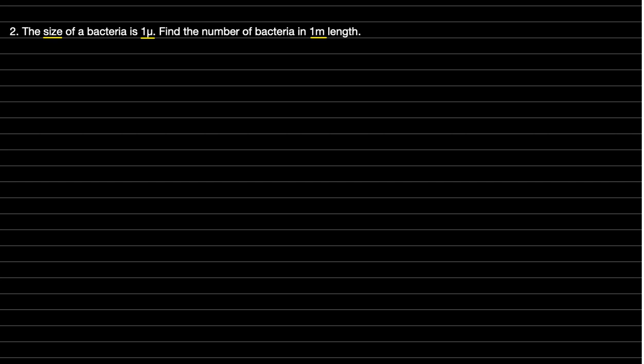So before doing it, I would write 1 micron is equal to 10 to the power of minus 6 meters. Now the length of one bacteria is this much. The total length given here is 1 meter.